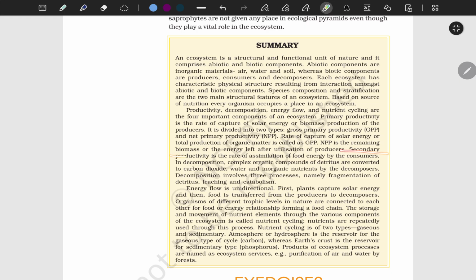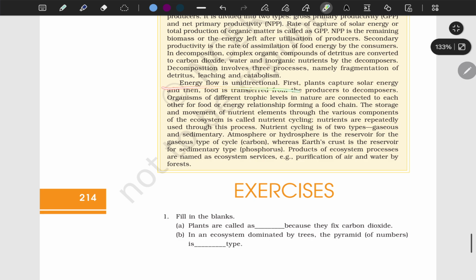Secondary productivity is the rate of assimilation of the food energy by the consumers. In decomposition, complex organic compounds of detritus are converted into carbon dioxide, water and inorganic nutrients by the decomposers. Decomposition involves three processes, namely fragmentation of the detritus, leaching and catabolism. Energy flow is unidirectional.